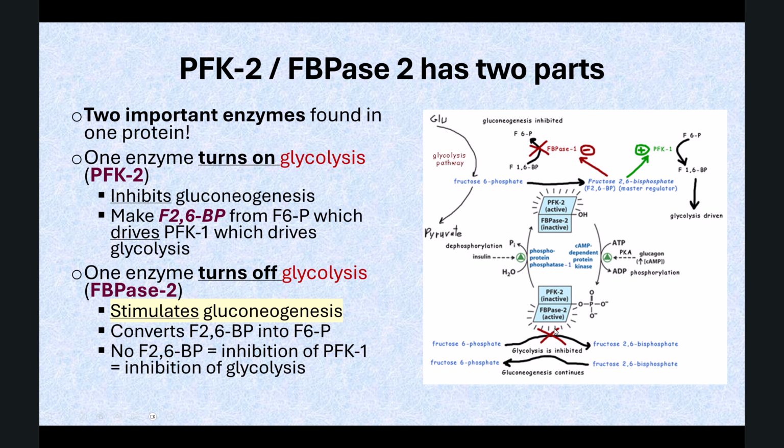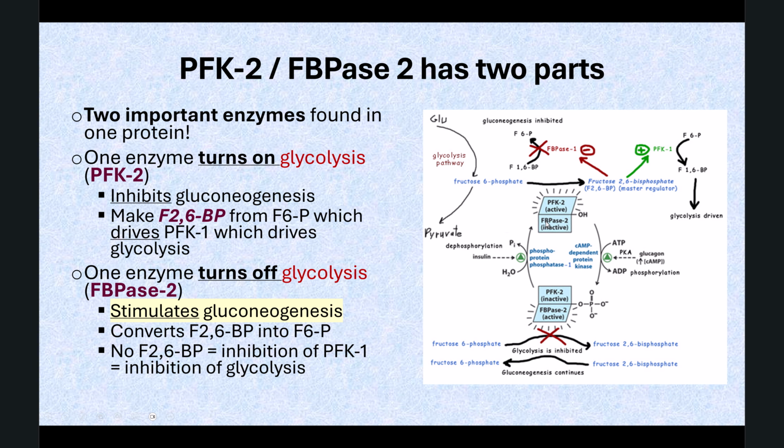Because it takes the brake off of gluconeogenesis that is put on it by fructose 2,6-bisphosphate. F26BP, remember, is a brake on gluconeogenesis. And so if FBPase2 is on, it inhibits the creation of fructose 2,6-bisphosphate. It blocks the step right here.